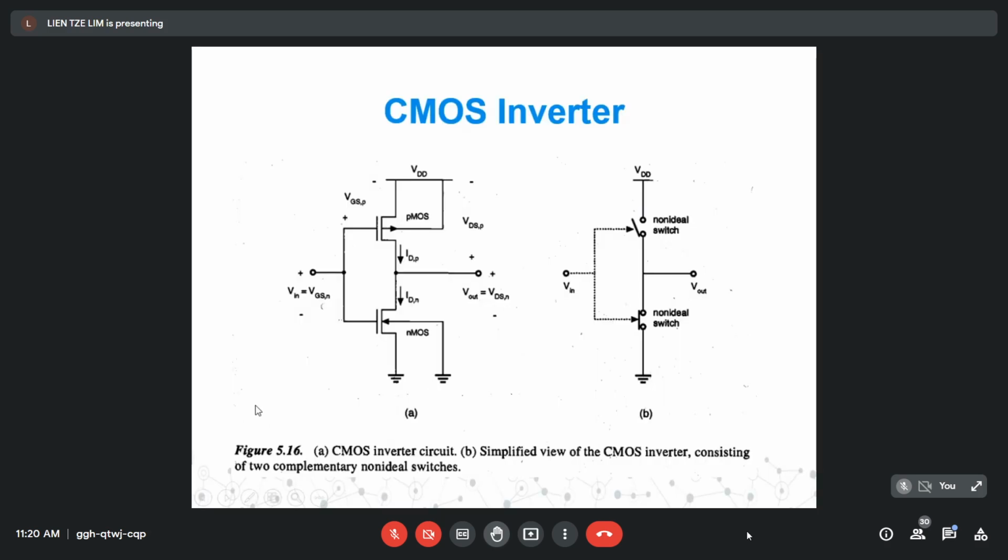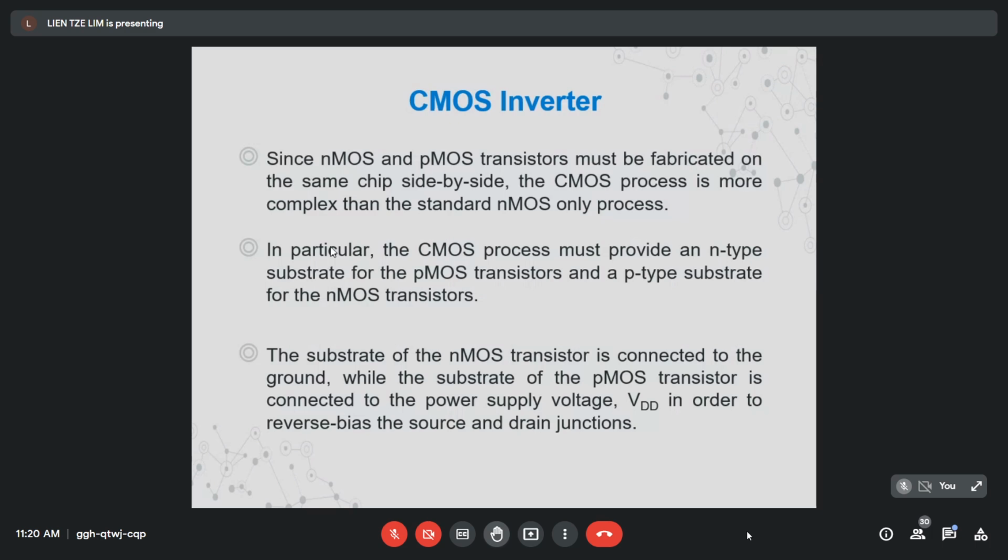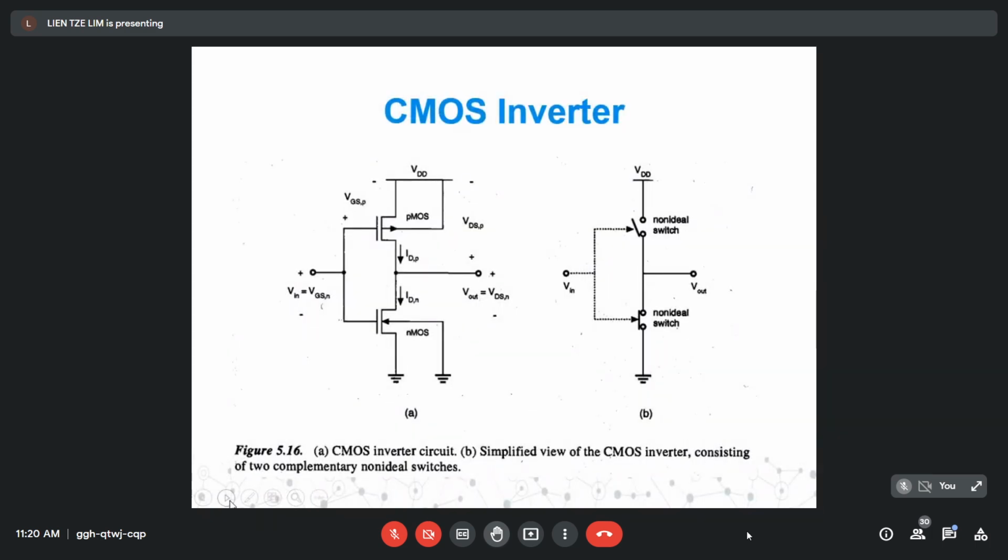So the CMOS inverter, all of you know, is like this, with PMOS and NMOS. For this one, this is PMOS. The drawing actually looks like NMOS, but actually this is PMOS.